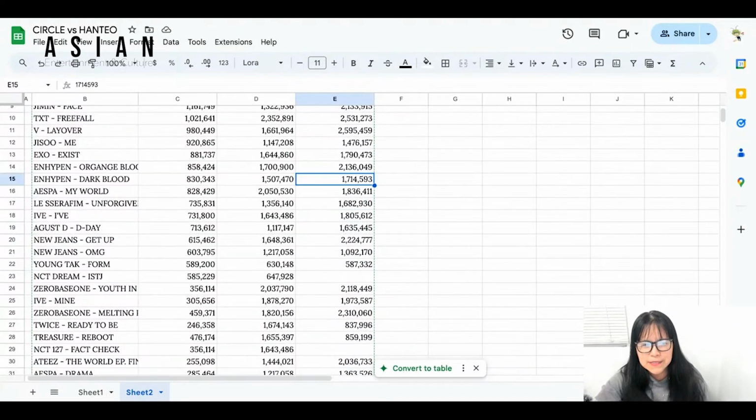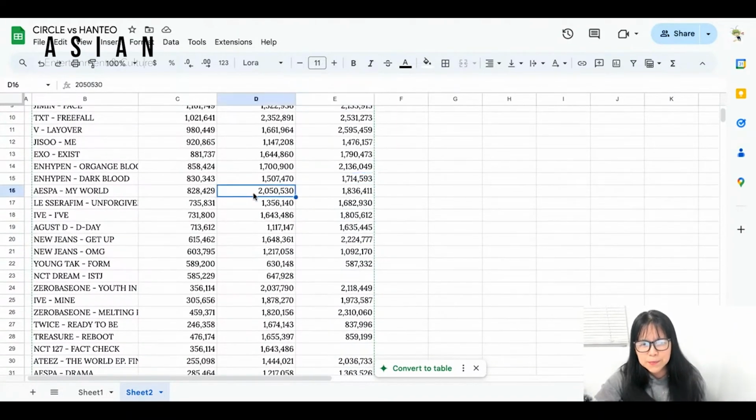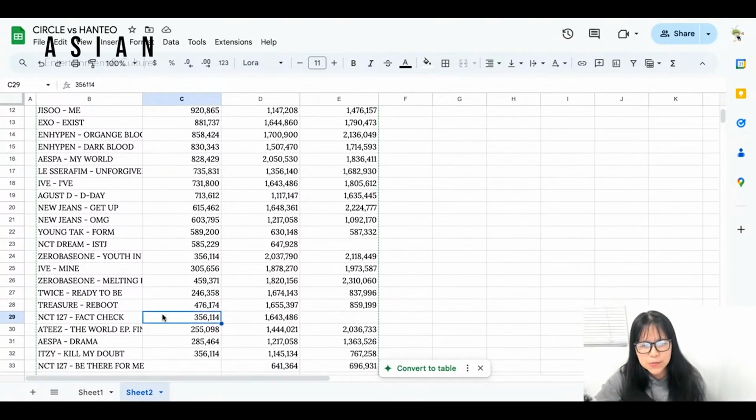So look at this. For Espa My World, 2 million was shipped, but 828,000 was purchased. That's a big difference. And then there's another one. Where is that? NCT. Okay, here, NCT 127 Fact Check.